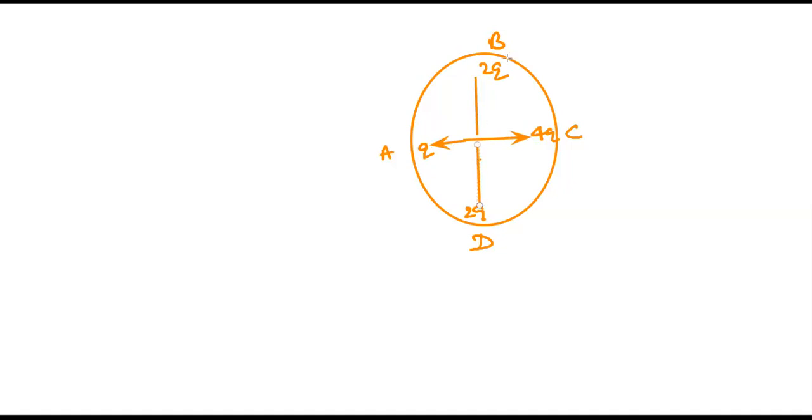Draw the diagram. This will be ED, this will be EA, this will be EB, this will be EC. So, solution of this question.